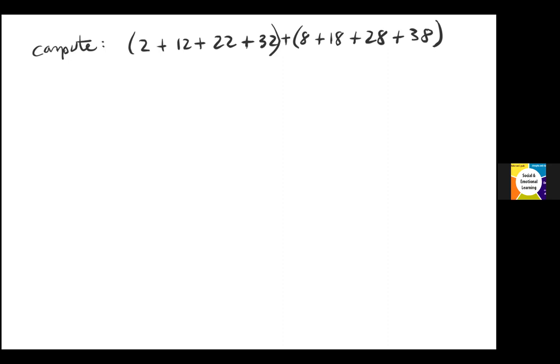We don't have that many people in the class, so how could we make this string of numbers easier to add using the commutative and the associative principle? The fact that we can pick and choose which ones we add together first. What would be an easier way to do this in our heads?